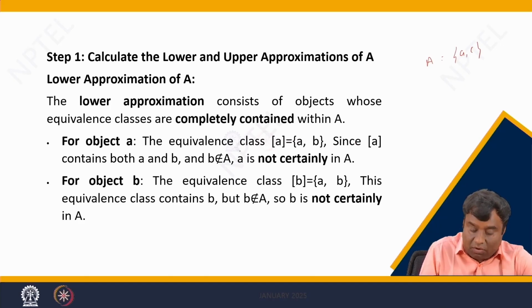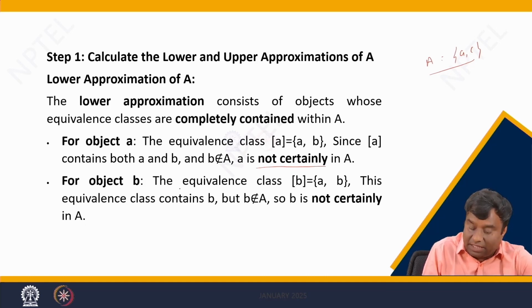Since it contains both A and B, and the target set is A and C, there is no certainty, as C is not present here. So A is not certain.